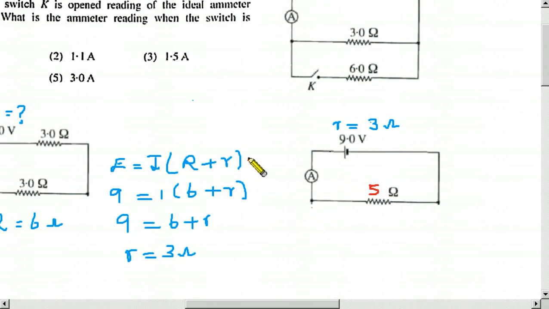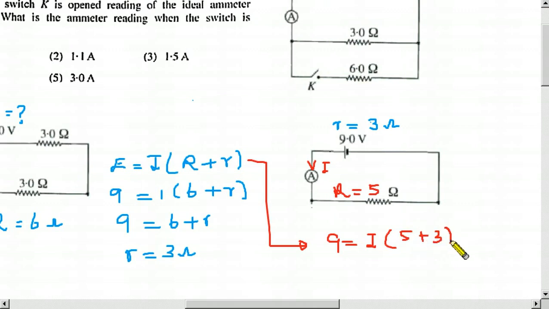So now we use the same equation. E is 9. Here current we don't know, that is what we have to find out. 9 equals I times capital R, which is now 5, only 5, we have simplified, plus simple r is 3.